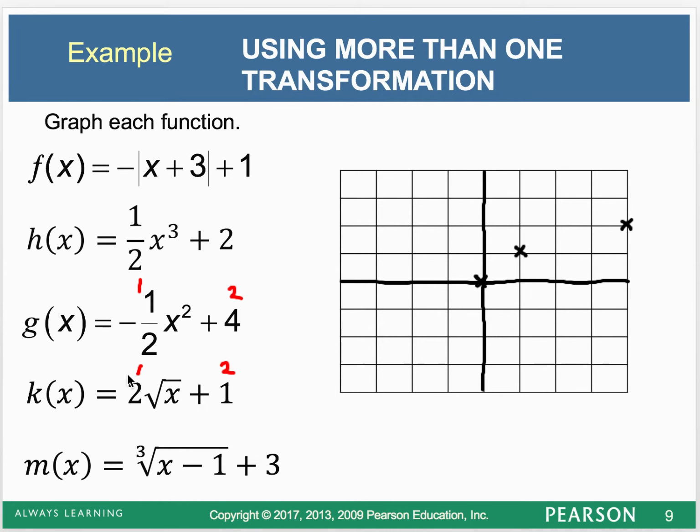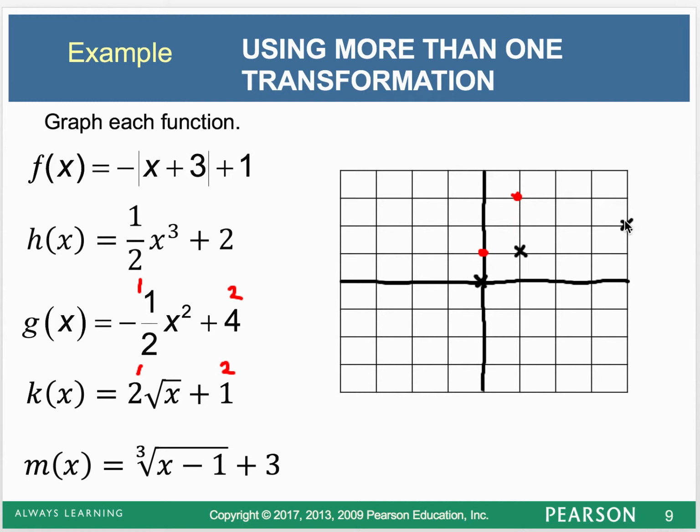I need to multiply my y values by 2 and then move it up 1. So since my y value is 0, 0 times 2 is still 0, and then up 1. Okay, here my y value is 1, so 2 times 1 is 2, and then up 1.